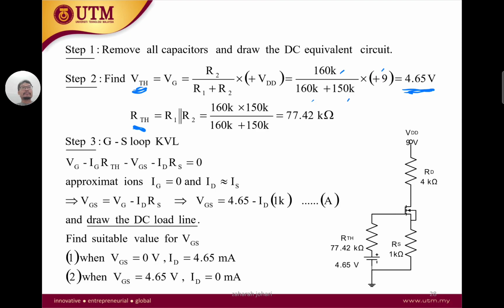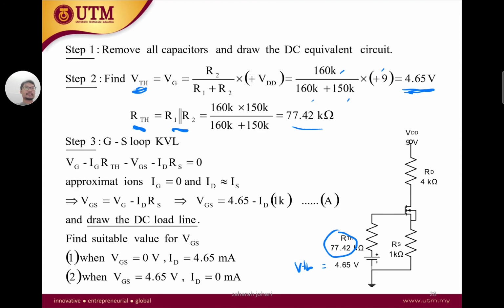Then our RThevenin equals 77.42 kilo ohms, which is just the parallel of R1 and R2. Then our VThevenin of 4.65 is here, and our RThevenin is there.